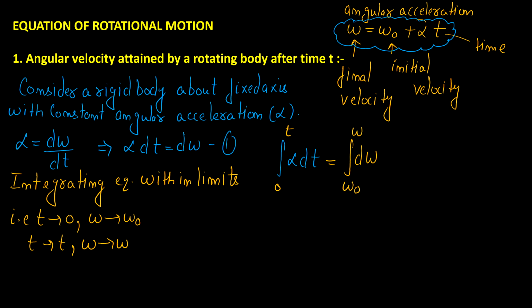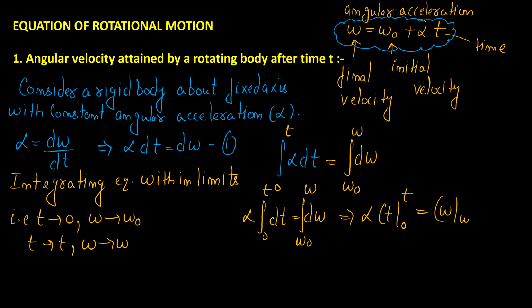Alpha is constant, so integral 0 to t of dt equals integral of d omega. Integration of dt is t, which I told in the last video, and similarly d omega is omega.